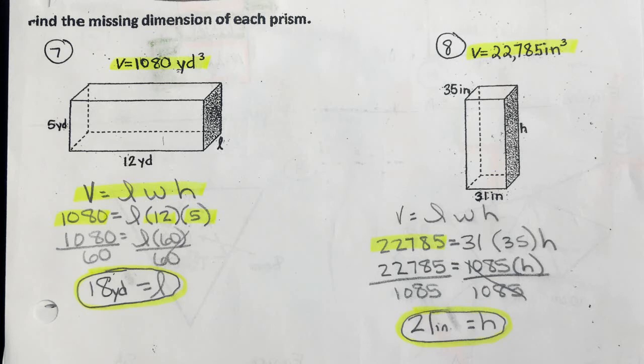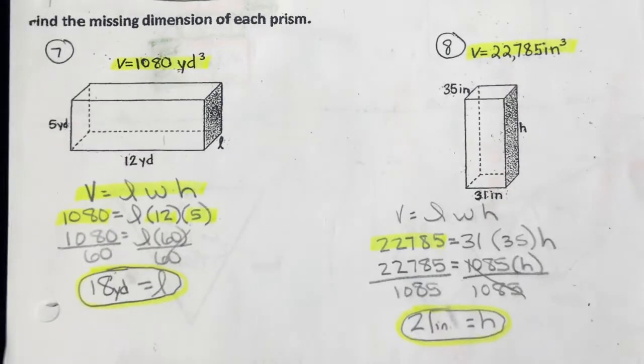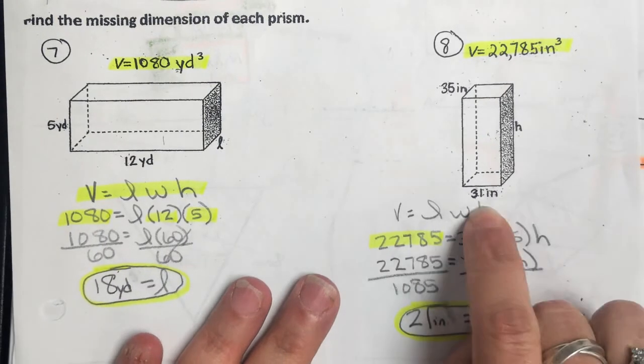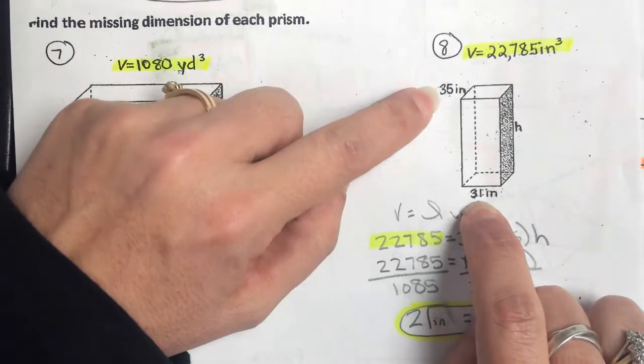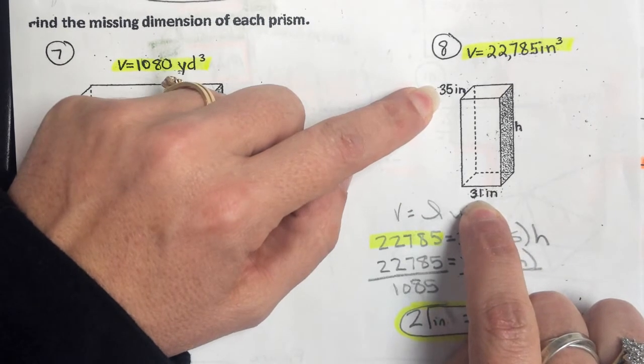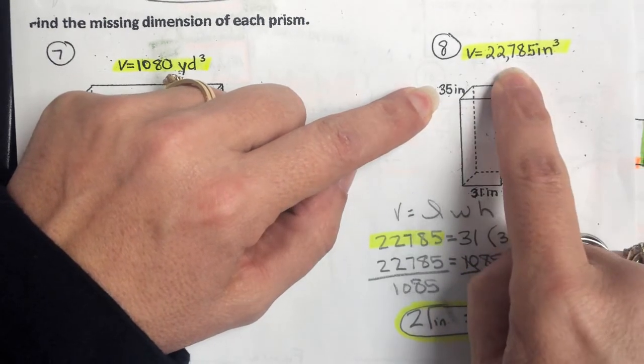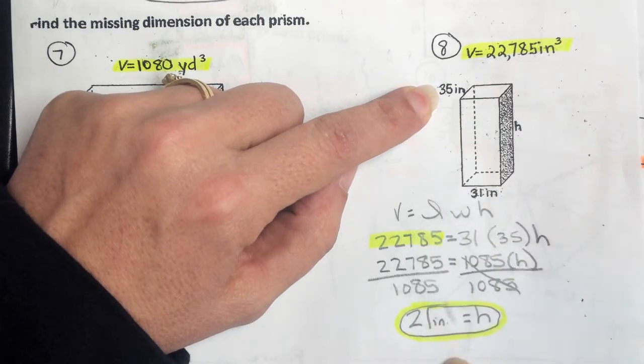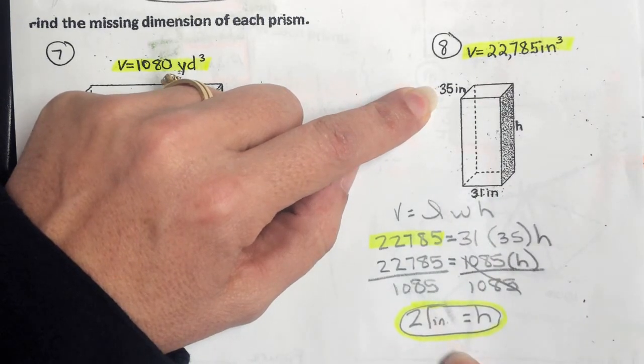So if you know that the height is 21, and you already know the length and the width, all you have to do is plug it in and make sure you're getting the right answer. So 21 times 31 times 35. Make sure you get that long number. That's all you have to do in the end to check your work.